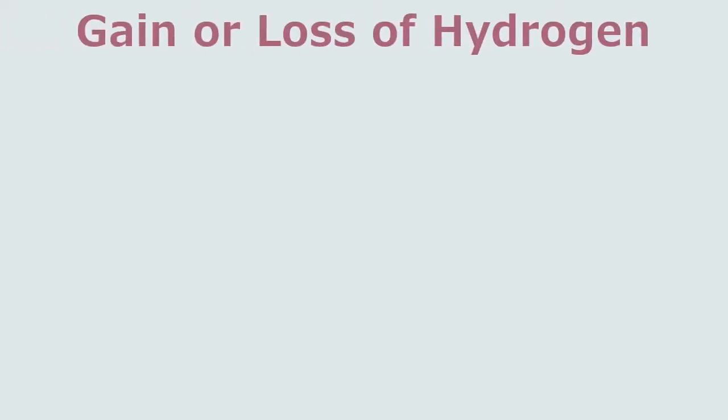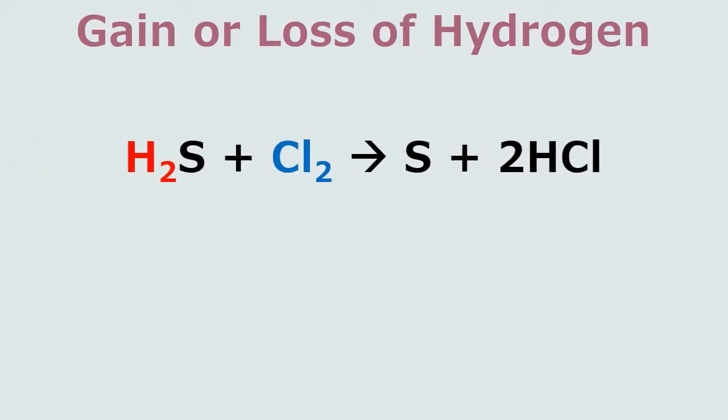The second terminology of redox is gain or loss of hydrogen. For this example, hydrogen sulfide will form sulfur, while chlorine molecule will form hydrogen chloride molecules.